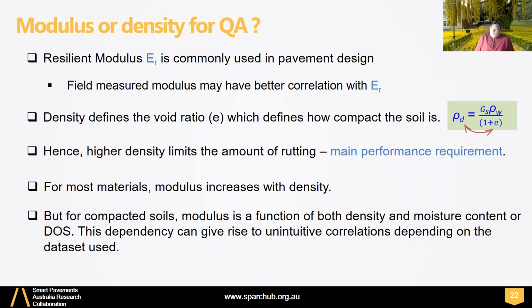Well, in unbound granular materials, the dominant factor of climate is the moisture. Of course, people might say moisture is the most dominant factor for those materials, for unbound materials, subgrade and the UGMs. Temperature has no significant impact, although it can influence the vapor pressure movement.